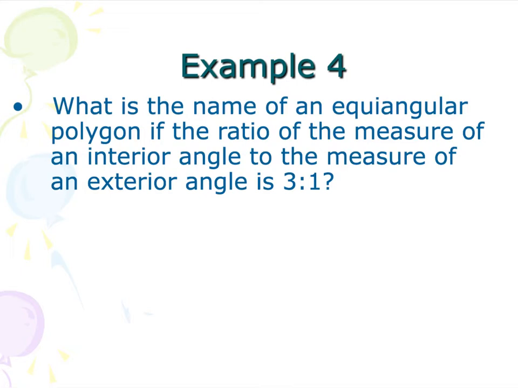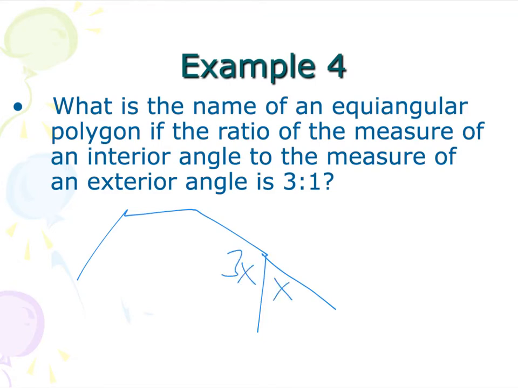All right. What is the name of an equiangular polygon if the ratio of the measure of an interior angle to the measure of an exterior angle is 3 to 1? Man, we haven't seen any of these wonderful ratios in a long time. I'm going to draw a partial polygon that I don't know how many sides it has. I'm going to extend that exterior. So my interior to the exterior is 3 to 1.